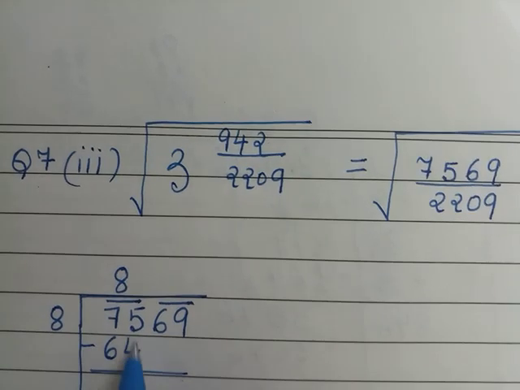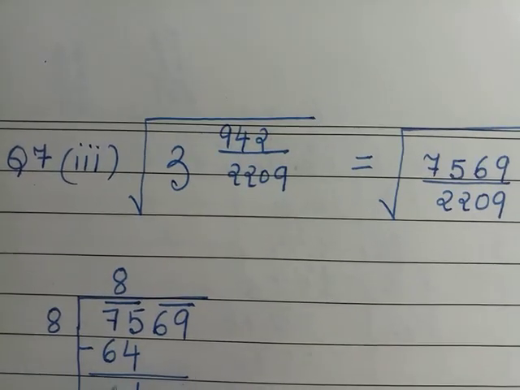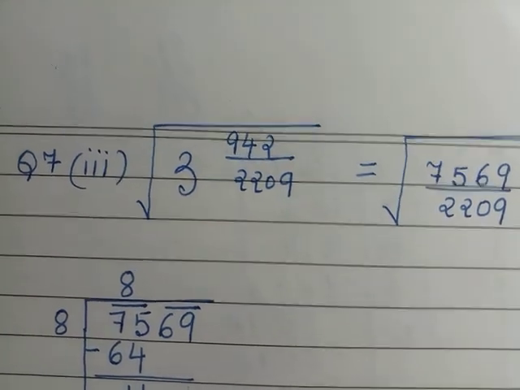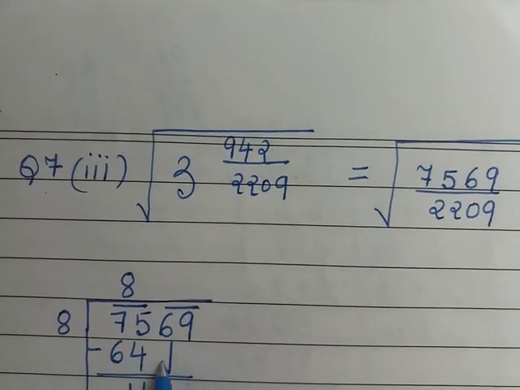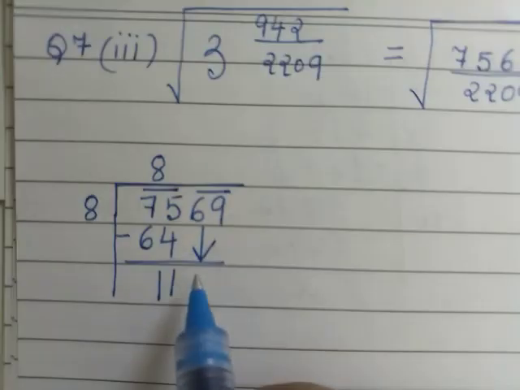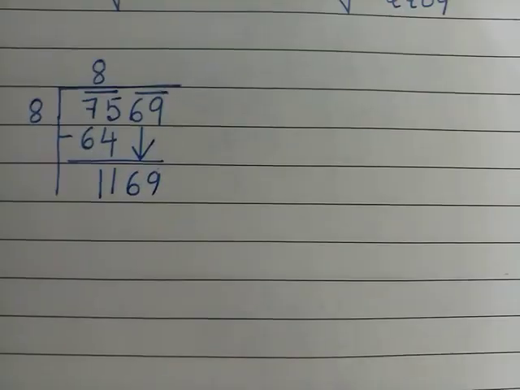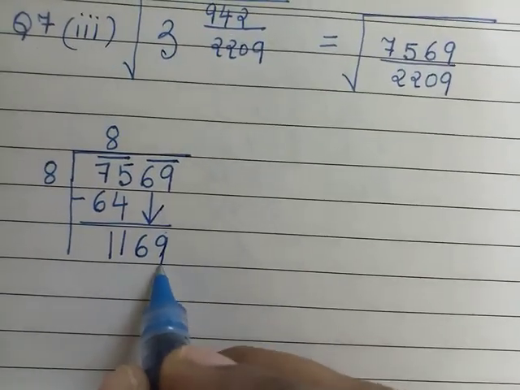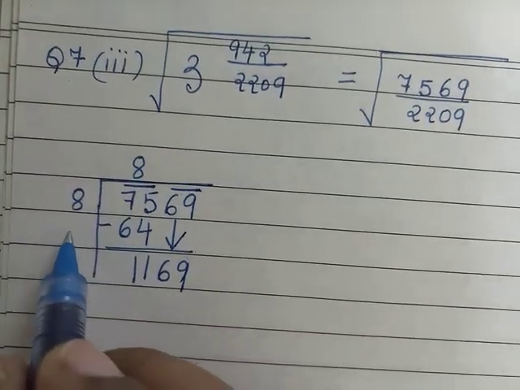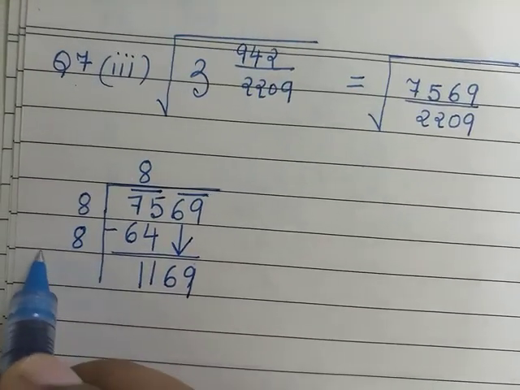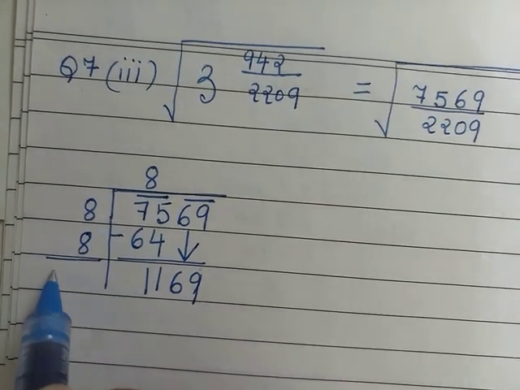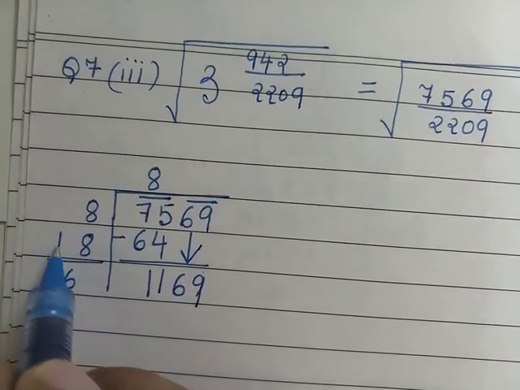Now we subtract. 5 minus 4 will give you 1. 7 minus 6 will give you 1. So we copy down the next period and we get the new dividend, that is 1169. To get the new divisor, we add 8 here, and it becomes 16.